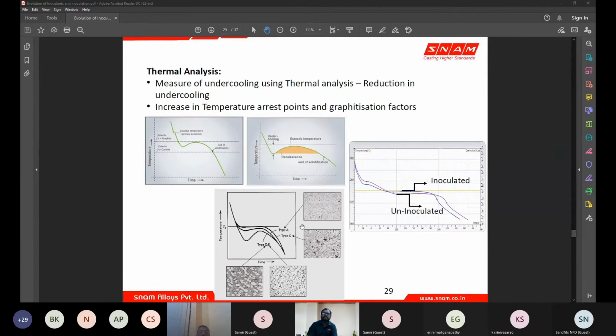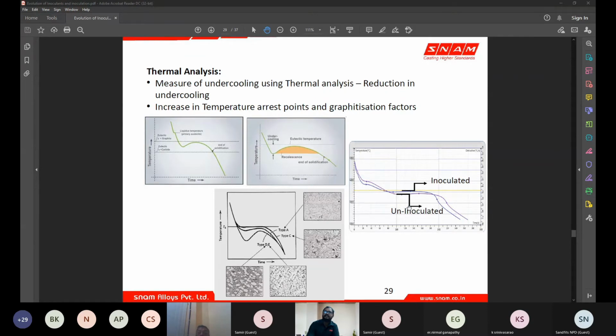The solidification behavior is used to predict the amount of graphite precipitated or the nuclei present in the metal. When you use thermal analysis, what you actually measure for the inoculation effect is the undercooling and the increase in the temperature arrest points. Graphitization leads to an increase in the system heat, so better graphitization is shown by the increase in the temperature arrest point.